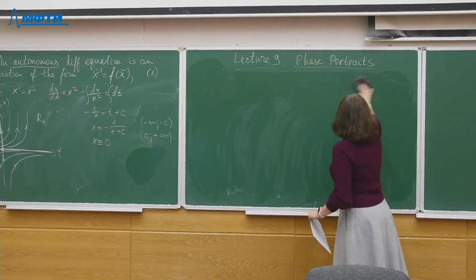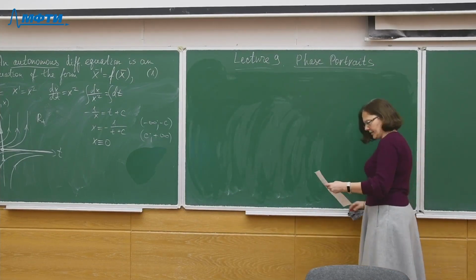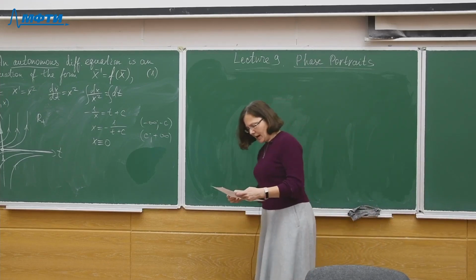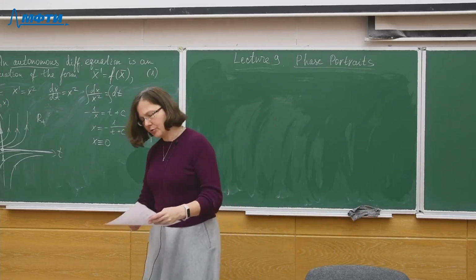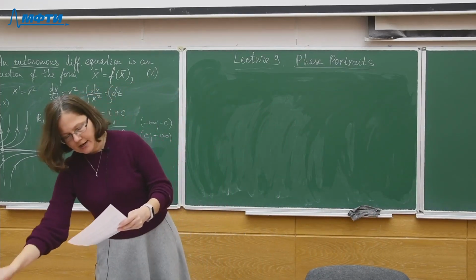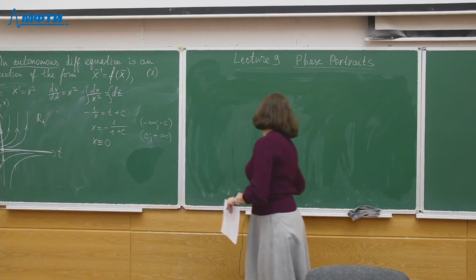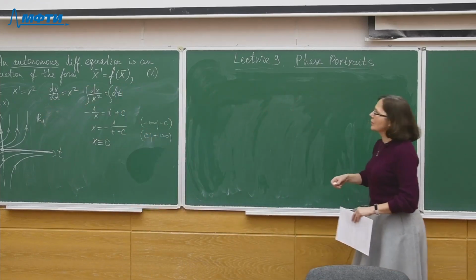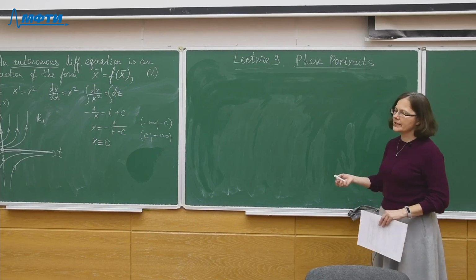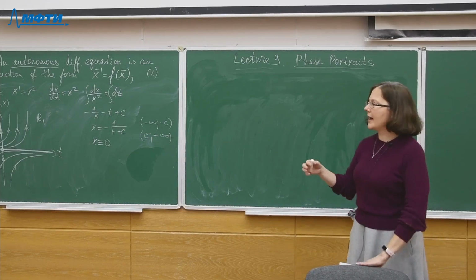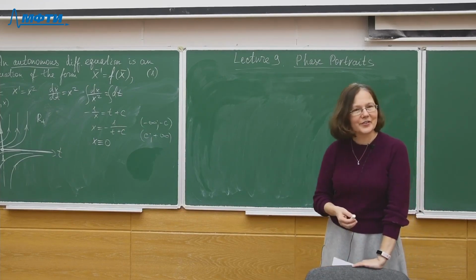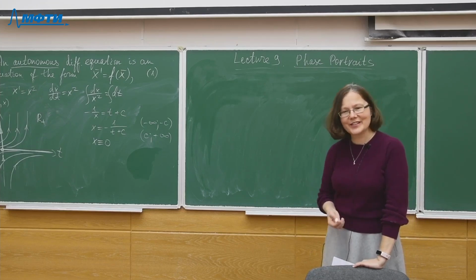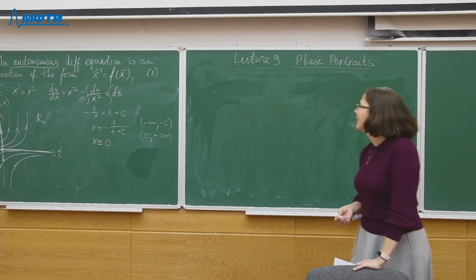So maybe we may discuss this later in just a moment. I want to discuss the following. The advantage of phase portraits is that they are lower dimensional than integral curves, right?